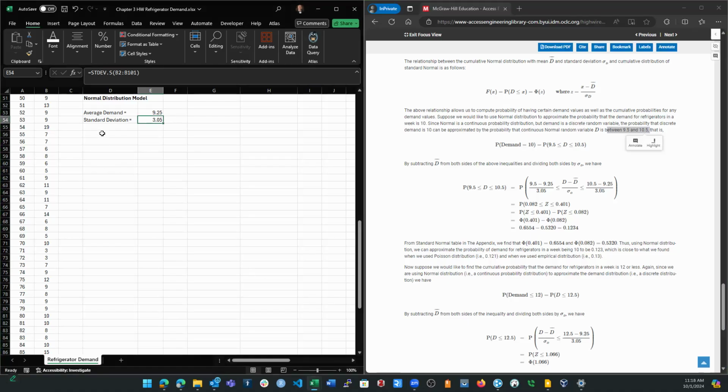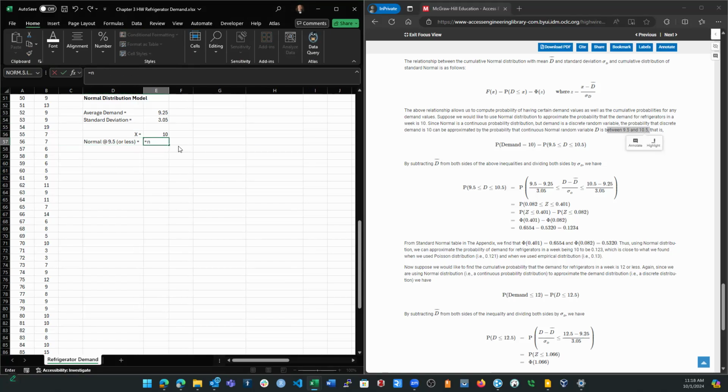Okay, so the way we do that is we're going to define our x. Our x is now 10. We're going to find the normal distribution for 9.5, and this is going to be cumulative, so this is going to be 9.5 or less.